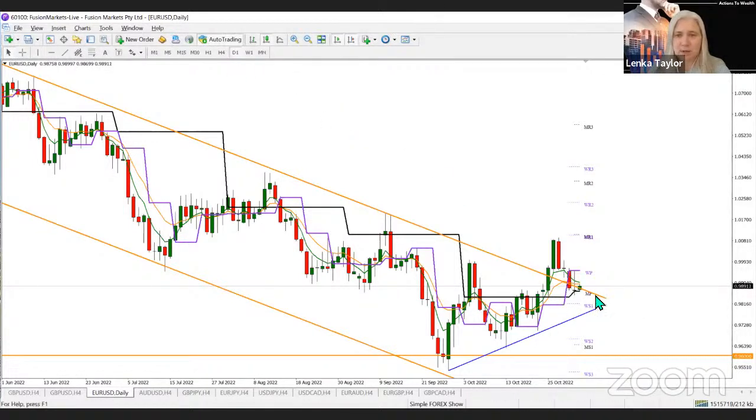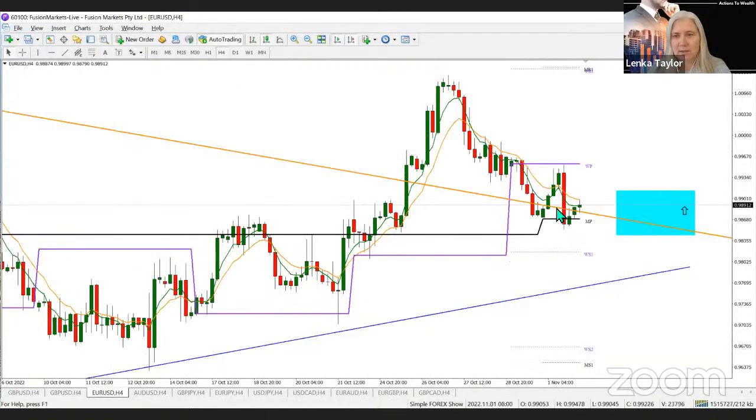So as long as the price stays above, even if it comes below and then just closes above, it's still good. And looking for long opportunities after that. So any pullback and then reversals around this area would be really good.